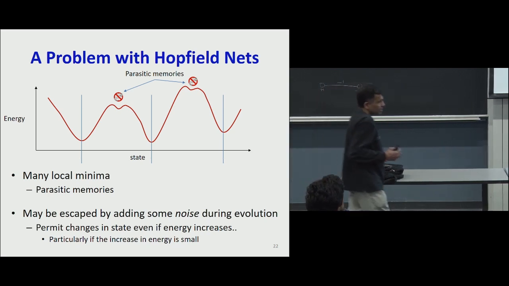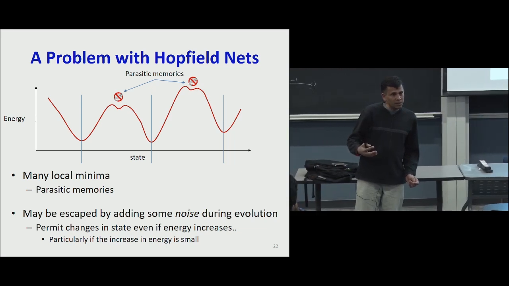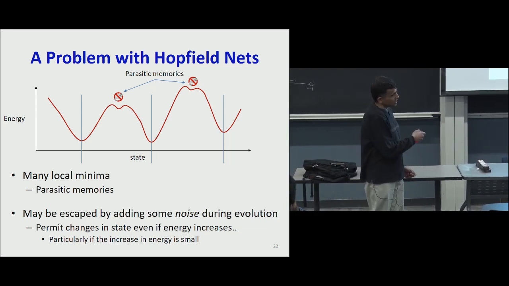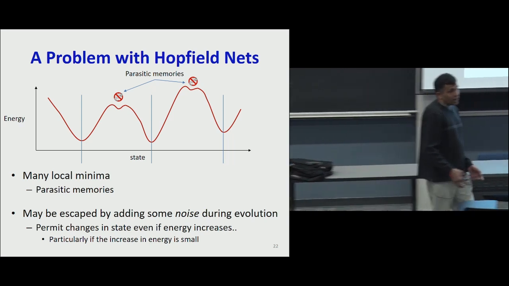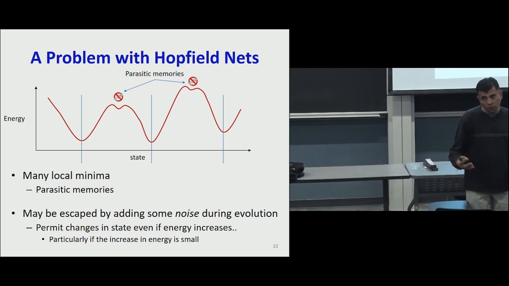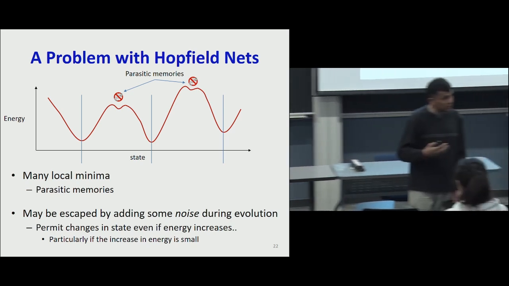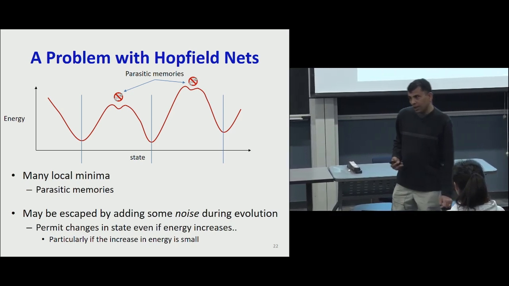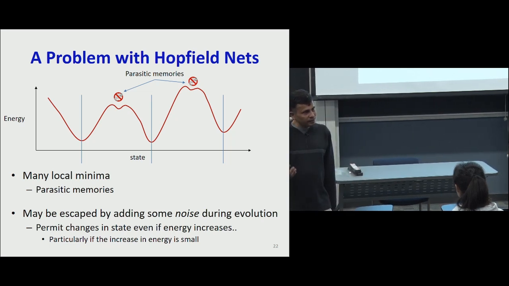So given this, what would a reasonable rule be to make sure that when you're in such a situation, you can escape it and go into the larger well nearby? How would you do that? There's no learning, right? This is during inference. I've just given you the network. How would you do that? Anyone? Yeah.